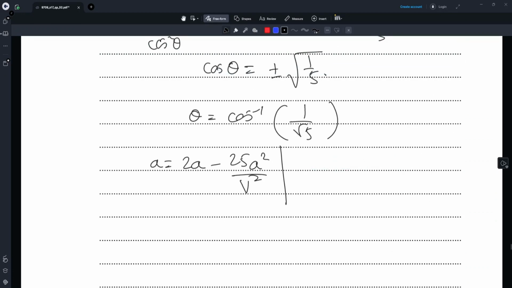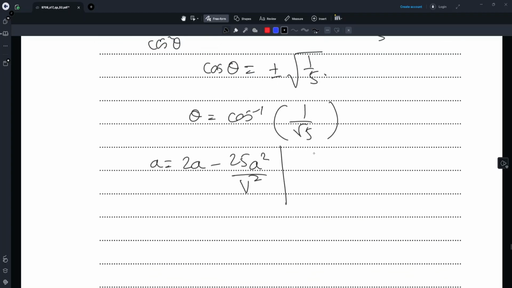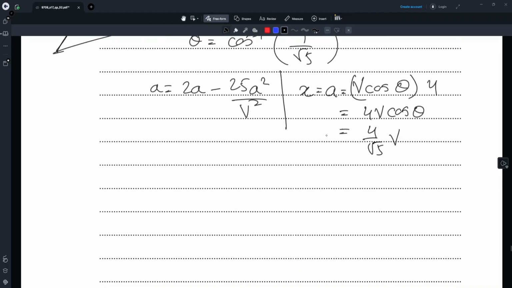If I use them separately, it's easy to just do it with horizontal velocity, because we know cos theta equals this one. I can directly use it for the horizontal case, because horizontal velocity is always constant in a trajectory. If this is b, then x equals a equals b cos theta into 4, or 4b cos theta, or 4b by root 5. So this equals a.